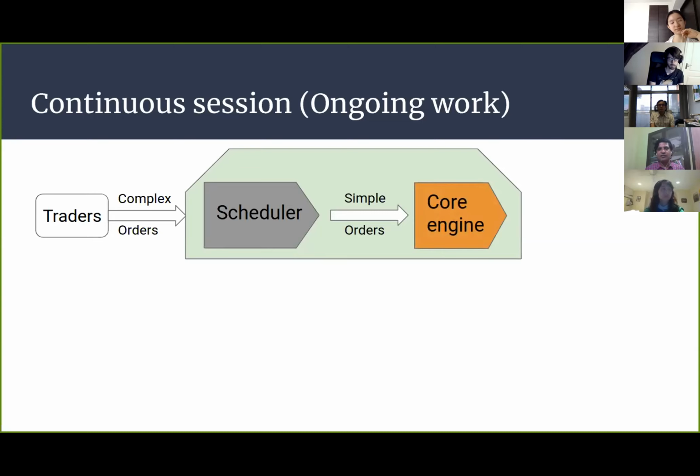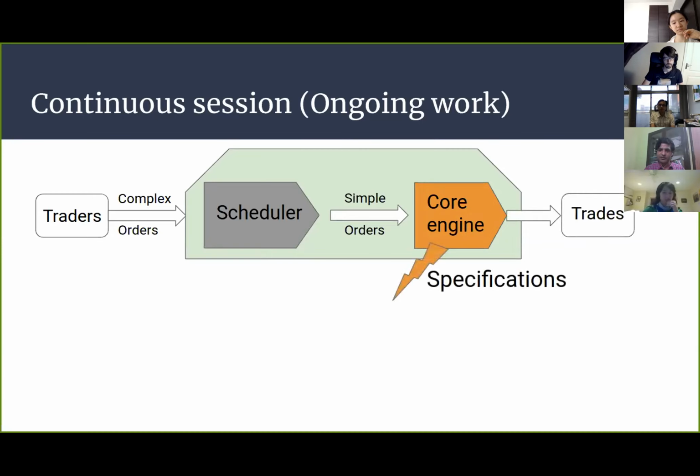One is the scheduler, which is exchange or market specific; market-specific regulations are handled by the scheduler. It converts the buy and sell requests into simple orders, and the simple orders are then handled by a core engine which executes the trades.